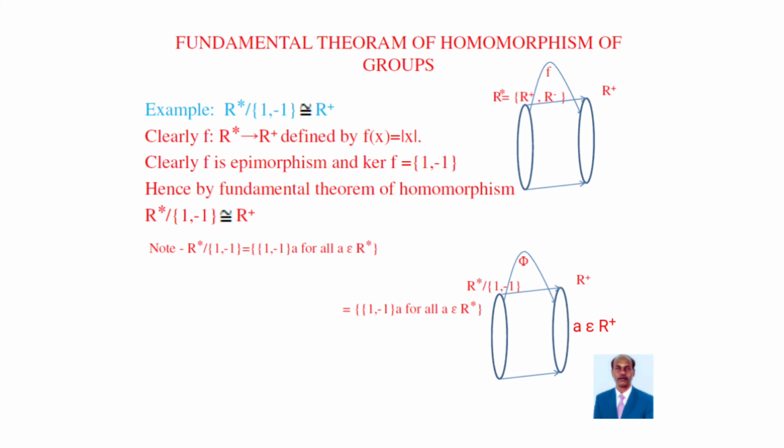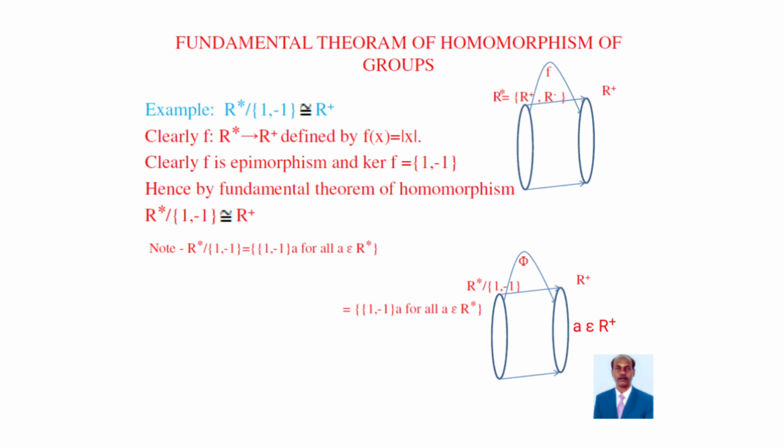So according to the fundamental theorem of homomorphism of groups, f is an epimorphism, and K is the kernel. The kernel of f is {1, -1}, since 1 and -1 have the image 1 in the codomain set. So the kernel of f is equal to {1, -1}.